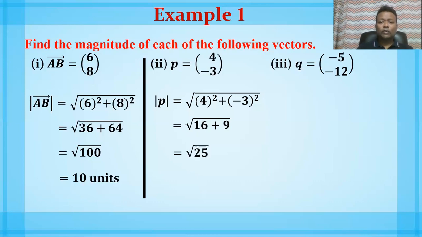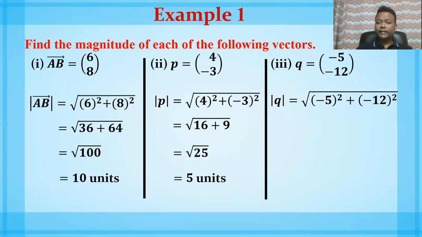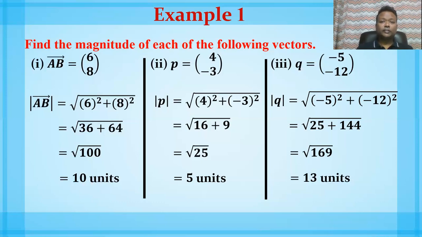Therefore, the magnitude of the vector p is equal to 5 units. In the last part, the magnitude of the vector q is equal to the square root of negative 5 squared plus negative 12 squared. We have the square root of 25 plus 144, which is the square root of 169. Therefore, the magnitude of the vector q is equal to 13 units.